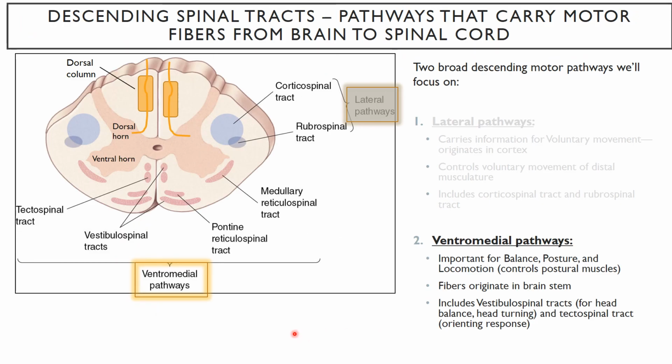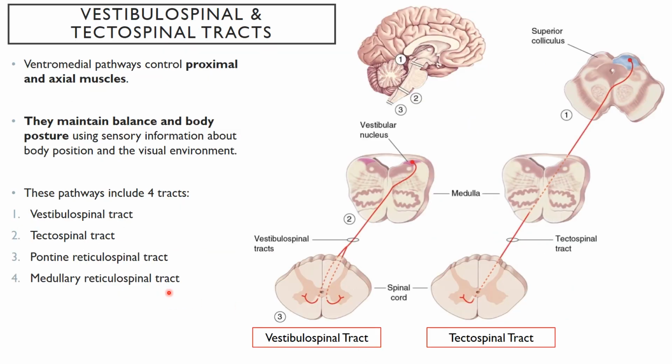All right, so we're going to briefly go through the descending spinal tracts, the ventral medial pathways that are involved with the control of balance, posture, and locomotion. We're not going to talk about them in super great detail, but it's important that you know a little bit about these ventral medial pathways. They control proximal and axial muscles.